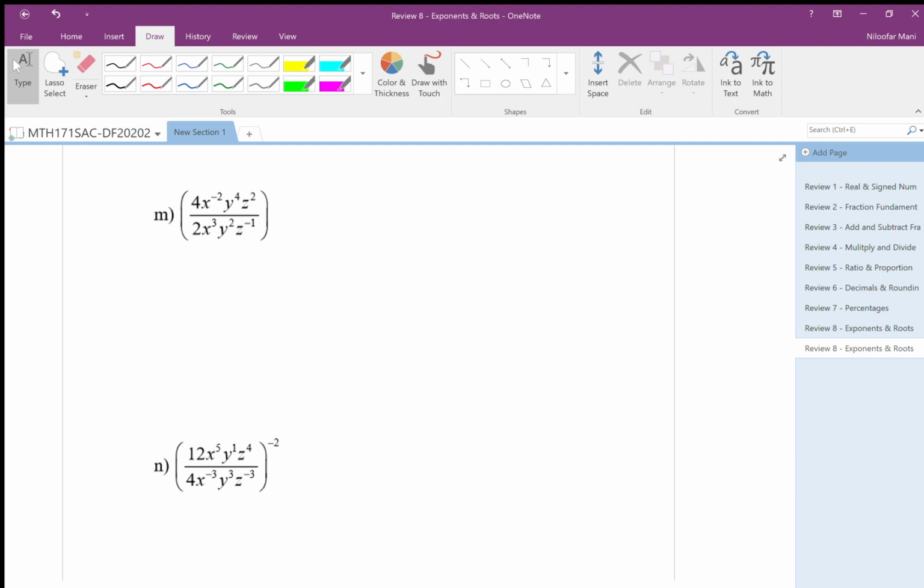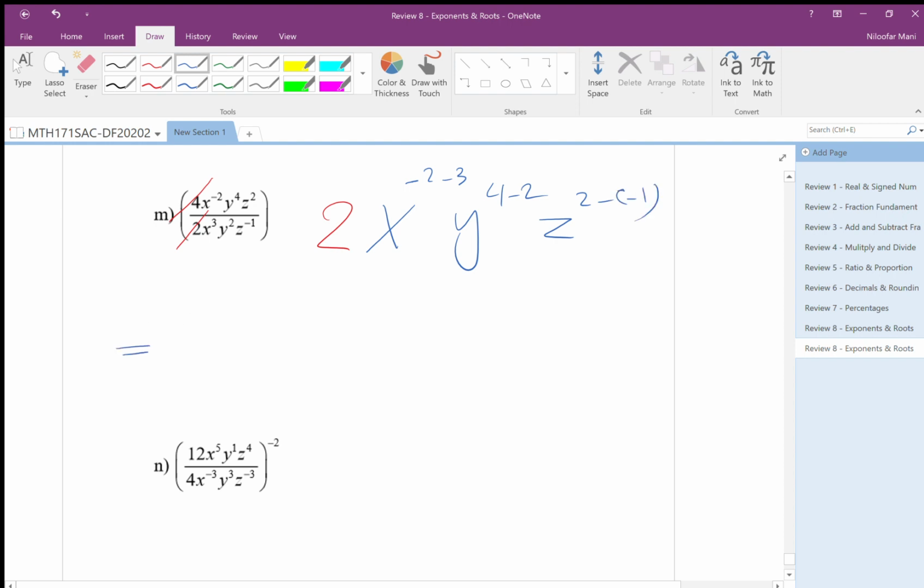Okay, so 4 and 2. Can I simplify? Yes, 2. X power minus 2 minus 3, y power 4 minus 2, z power 2 minus 1, which is 2 x power minus 5 y power 2 z power 3, which is 2y squared z cubed divided by x power 5.